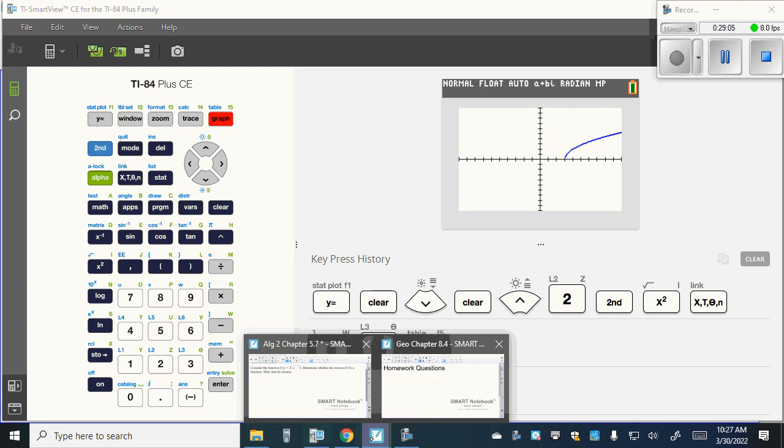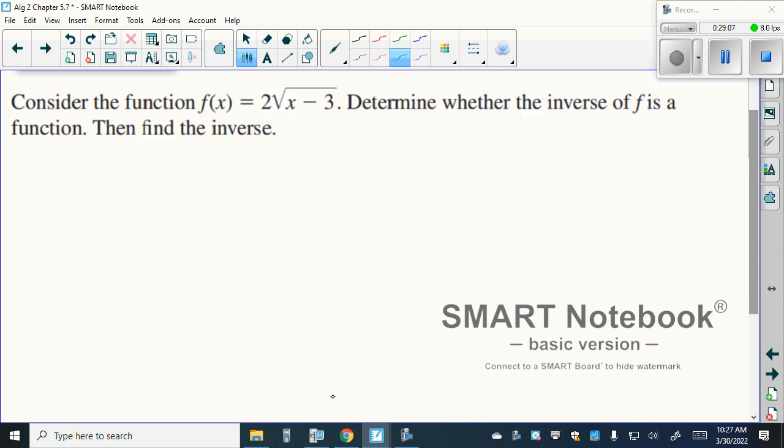Now we just need to find it. So just like we did with the other ones, we can rewrite f of x as y. Y is equal to 2 times the square root of x minus 3. I have a quick question. Yes. How do you get the y equals the y value?